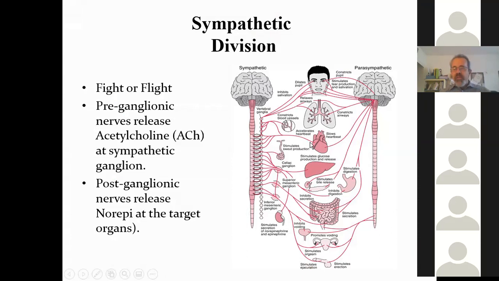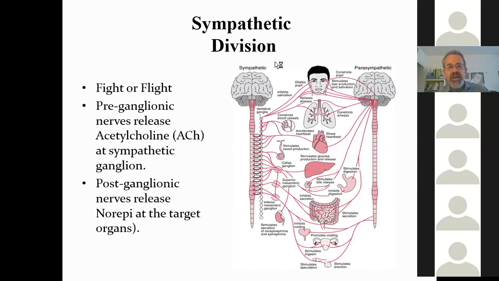One of the other differences between sympathetic and parasympathetic has to do with the nature of their neurotransmitters, right? Anyone remember what neurotransmitter is used to stimulate skeletal muscle contraction? Acetylcholine. Awesome, very good.